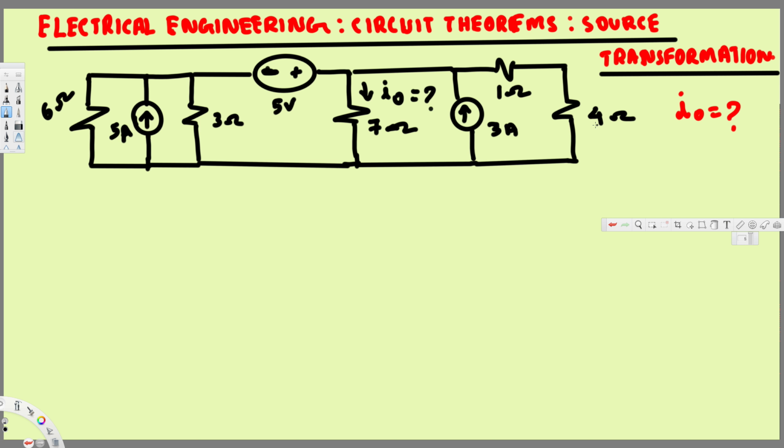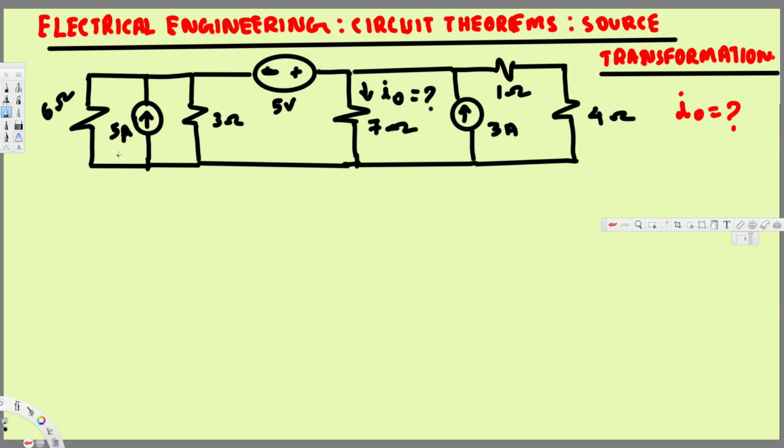First of all, if you look at this one, here we have 4 ohm resistance and 1 ohm resistance in series, so we can just directly add them and make it simple. And also to see this in the usual way, when we have current source and resistance, I'm going to switch the resistance to this side, so you can see how we are going to transfer.